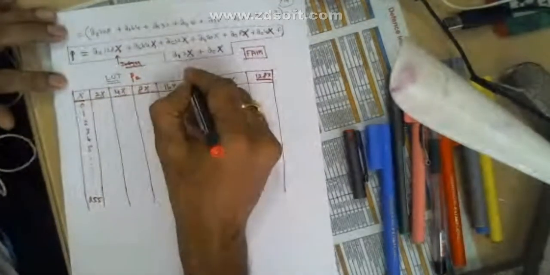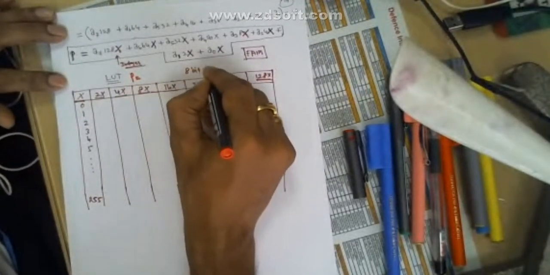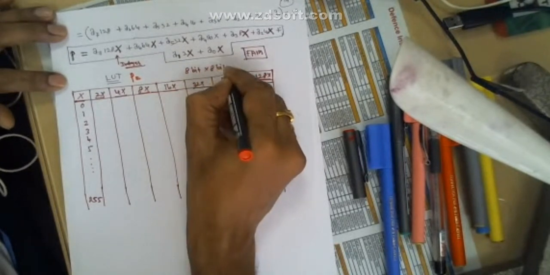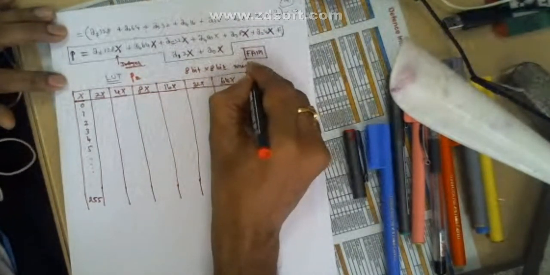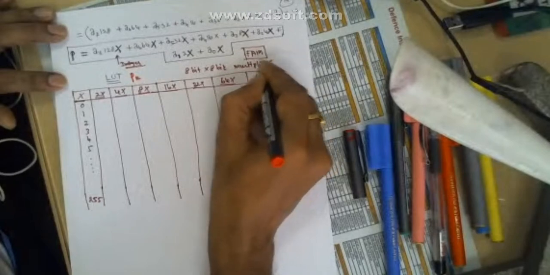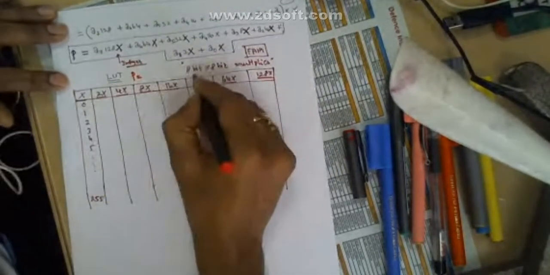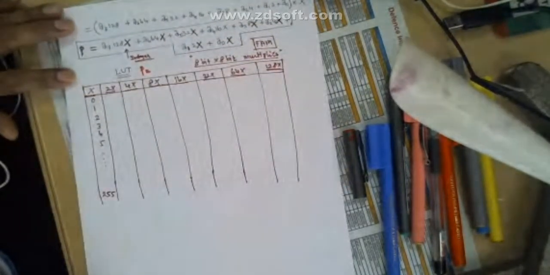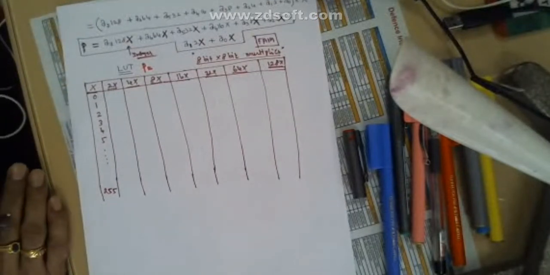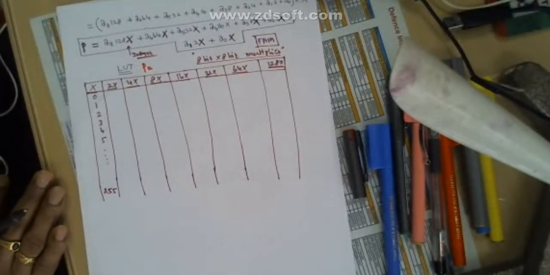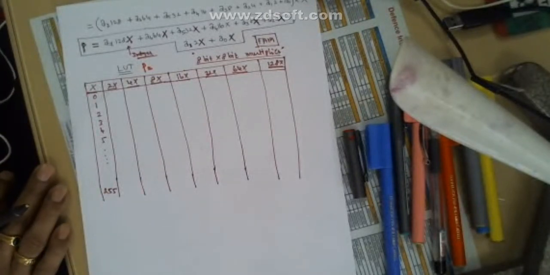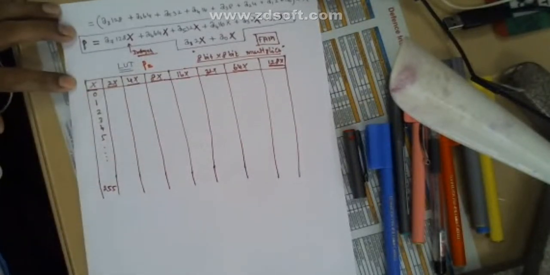The table is for an 8-bit by 8-bit multiplier. That is why the X value is restricted to 255. If you take 9 bits, then accordingly the value will be larger, and your X will go higher.